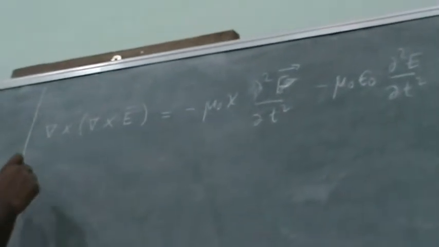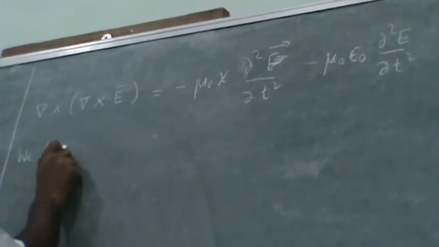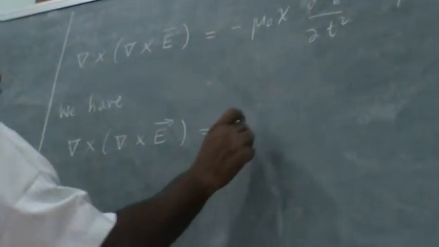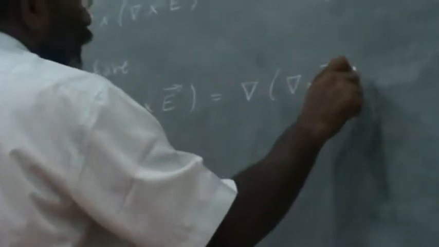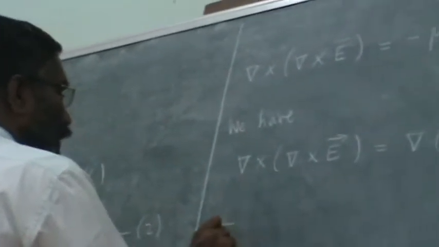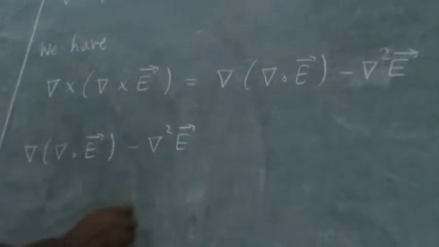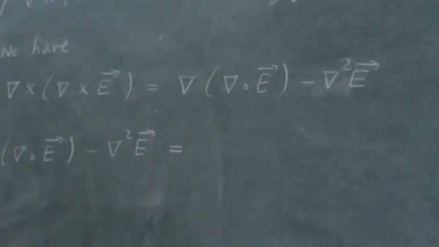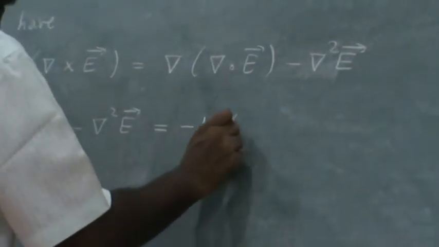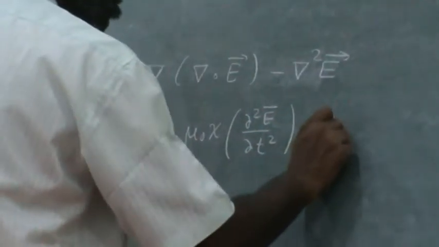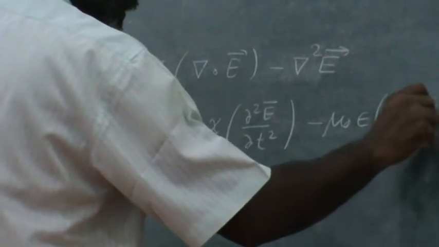And there is a vector identity: curl of curl E is equal to gradient of divergence of E minus del square E. So I can write this as gradient of divergence of E minus del square E is equal to minus mu naught into chi dou square E by dou t square minus mu naught epsilon naught into dou square E by dou t square.